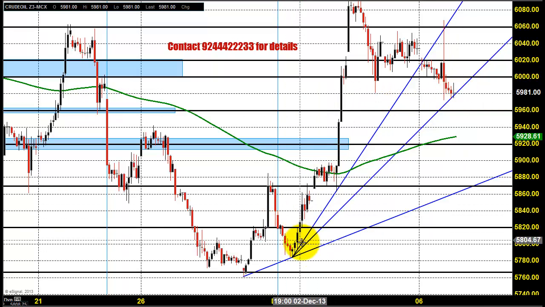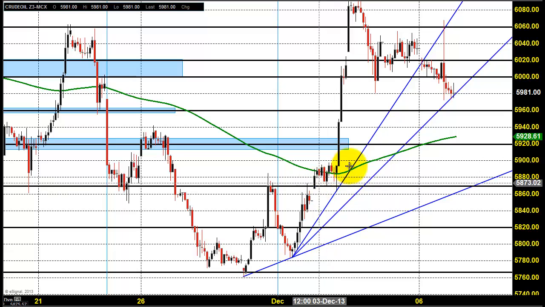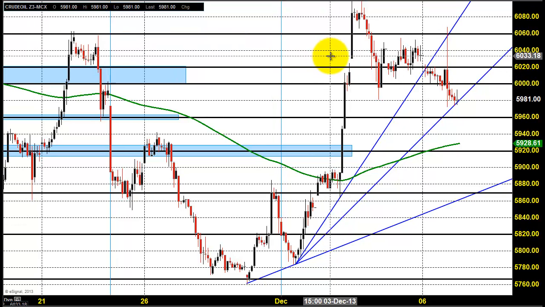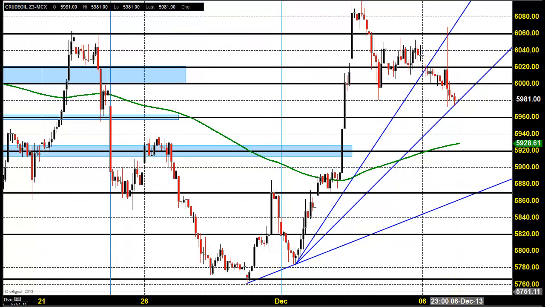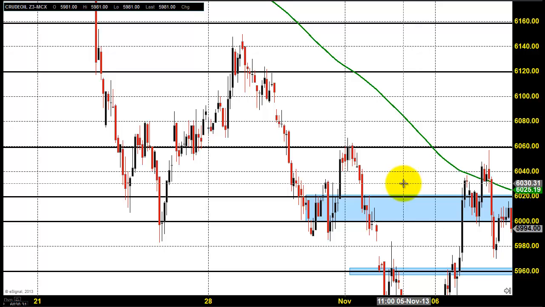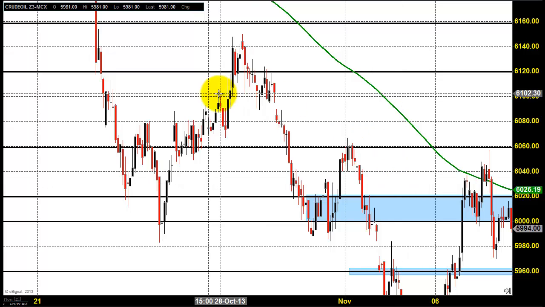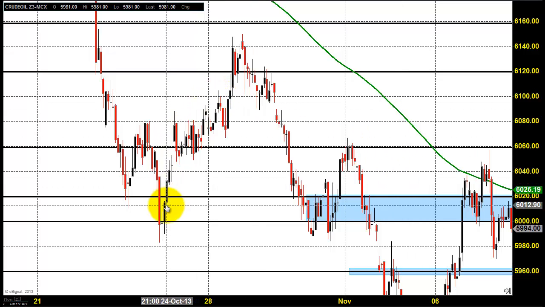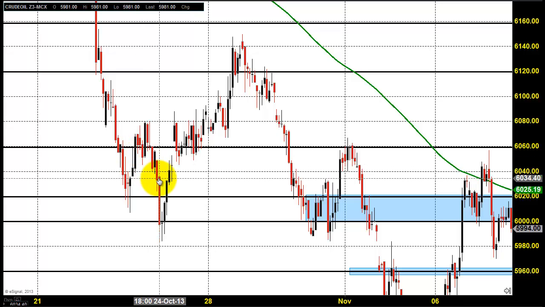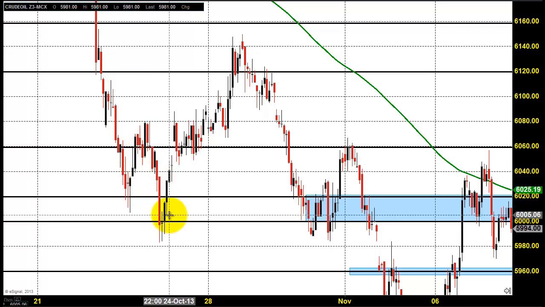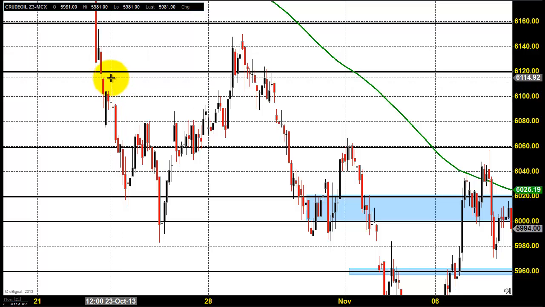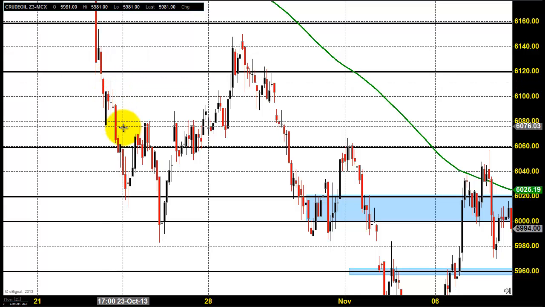Apart from the first day, from Tuesday onwards, the crude price was dominated by the buyers. But now let us see what we can do today and for this week. To make our process quite simple, let us see the price action that happened in these particular areas during the previous weeks. Whenever I place the cursor on any particular candlestick, you can see the date and time below. On October 23rd, what happened?